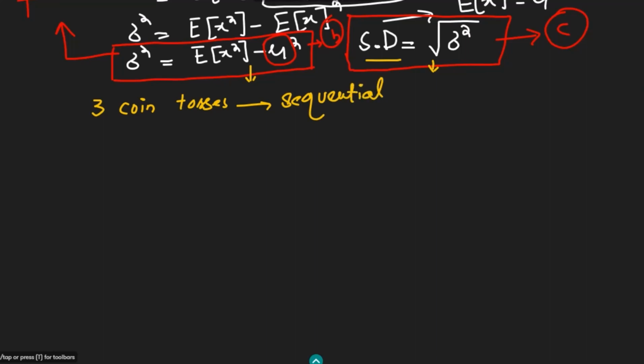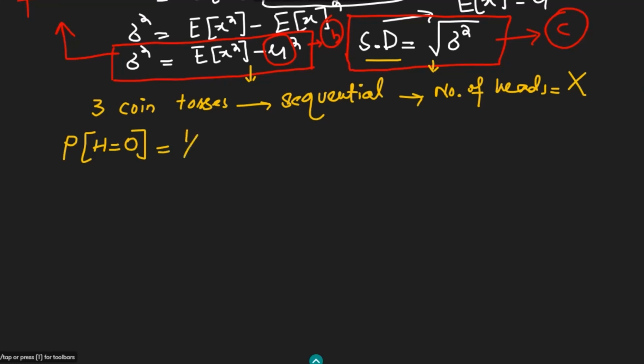In our first video of this series we have seen that we have to find the number of heads, and the number of heads in each toss is our random variable x. In each toss we can have a different number of heads, so the probability that we have 0 heads is 1 by 8.